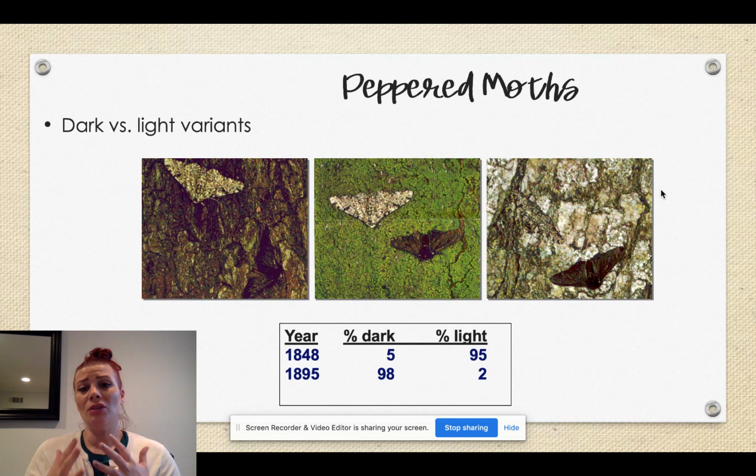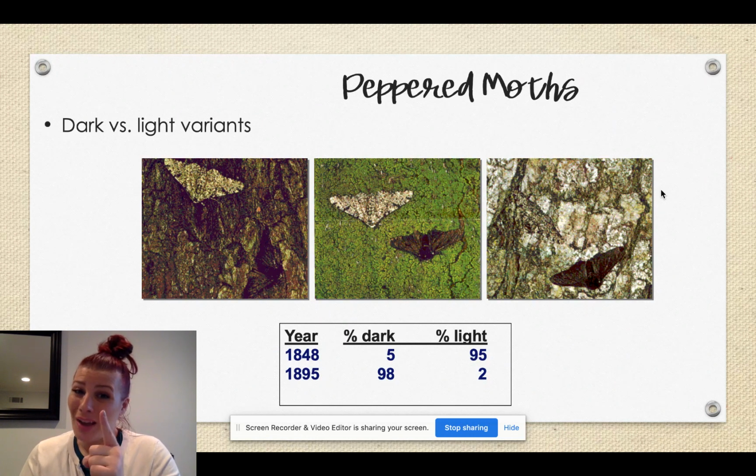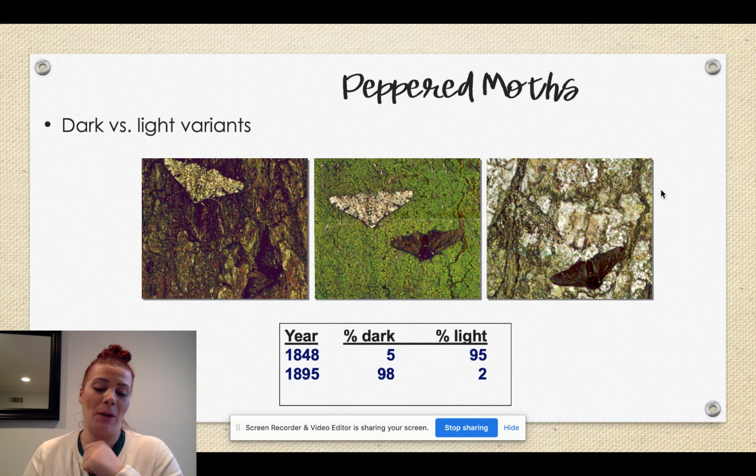So those tree trunks that were once lighter now appear darker, which means that the dark-winged moths could blend in and camouflage in their environment more easily. So predators had a harder time finding them. That doesn't mean predators didn't find them at all, but they had a harder time. That also means they were more likely to survive, and most importantly, more likely to reproduce because they were living longer lives. Okay, now that's 1895.